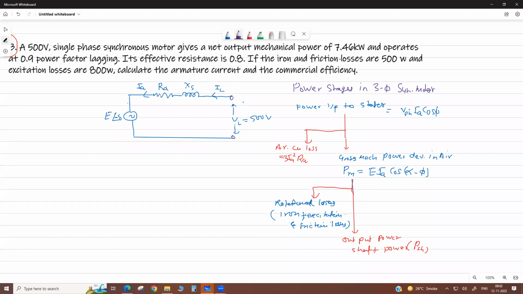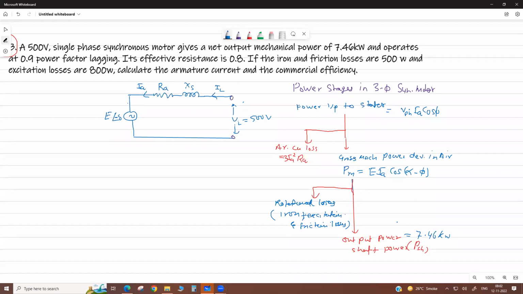So here is the output mechanical power. The net mechanical output is given, that is 7.46 kilowatt. Because the motor has a mechanical output.